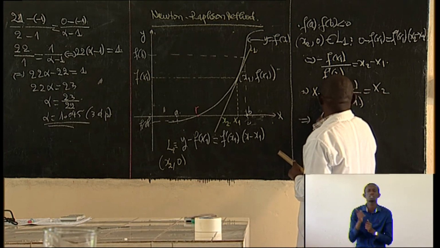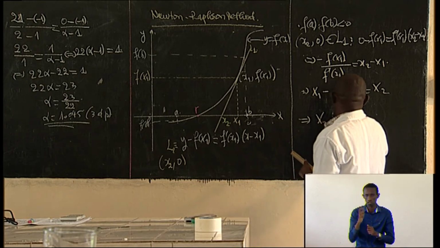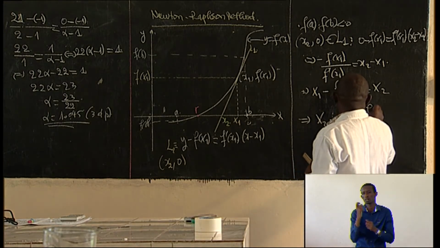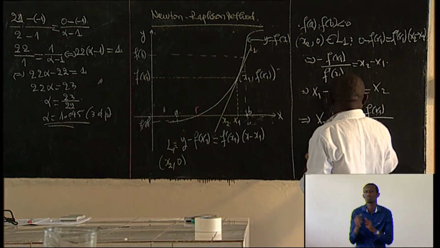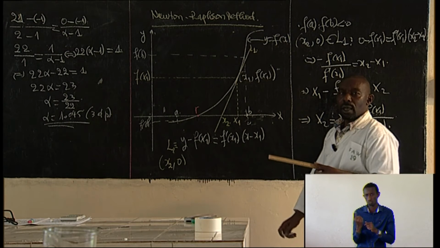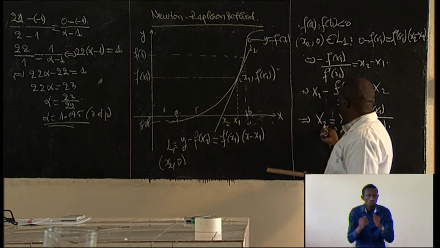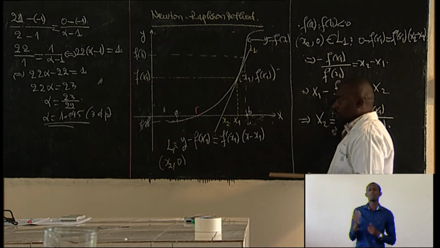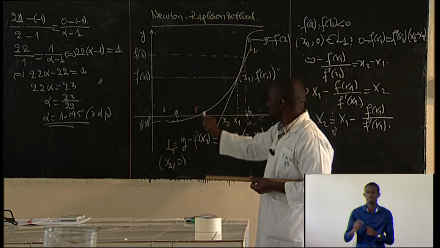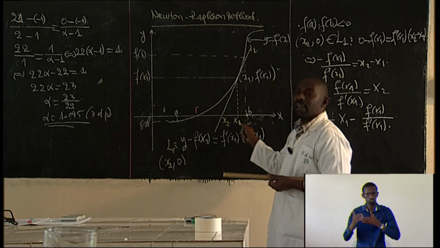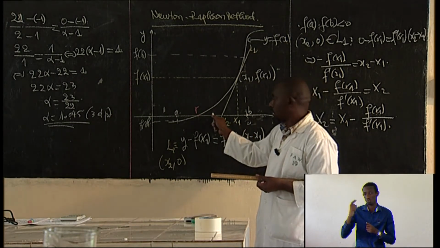Means that x2 is equal to x1 minus f of x1 divided by f derivative of x1. Are we together? And this is the approximation of the root. When x1 was close to R, means that x2 is very close to R, isn't it?